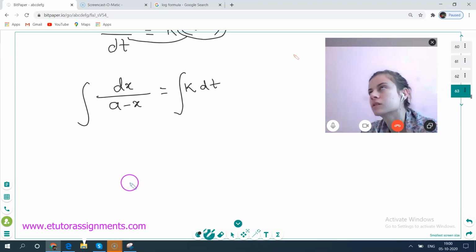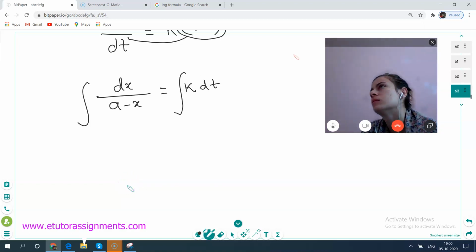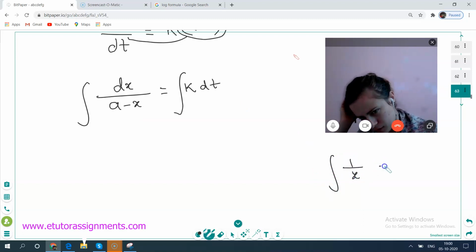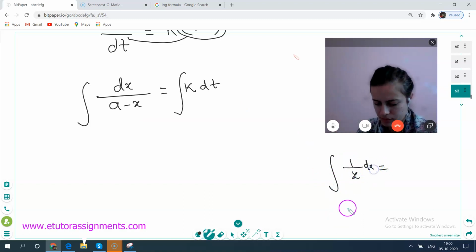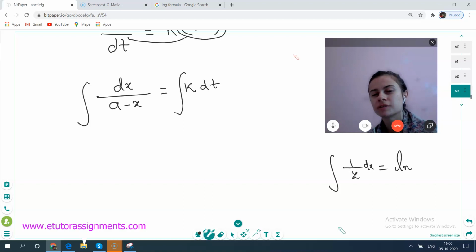This is going to be... I forgot. It is log. Power 1 is there, so log. Which log? ln. Please understand, whenever you are doing the integration, look here: 1 by x.